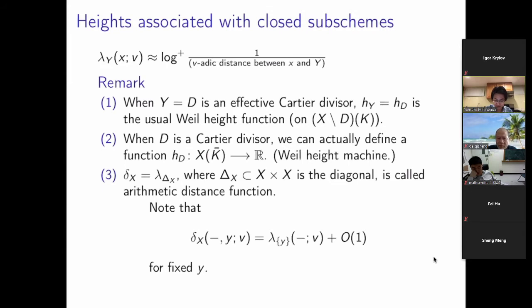But note that if we fix the second entry of the distance function, this is equal to the local height function associated with Y. So as long as we fix the second entry, we don't need to consider the distance function. We only need to consider the local height function, so I'm going to use only lambda sub Y. Okay, so these are remarks on local height functions.